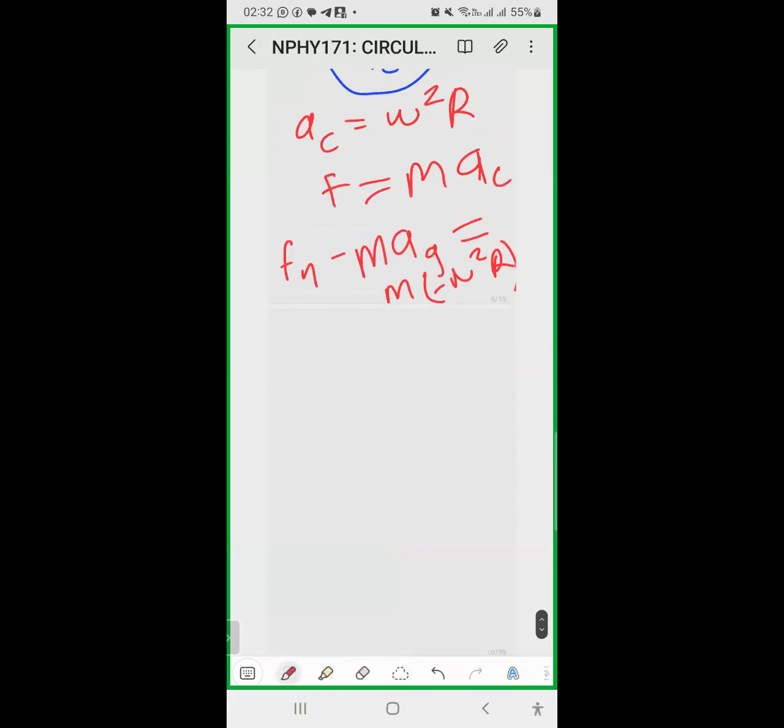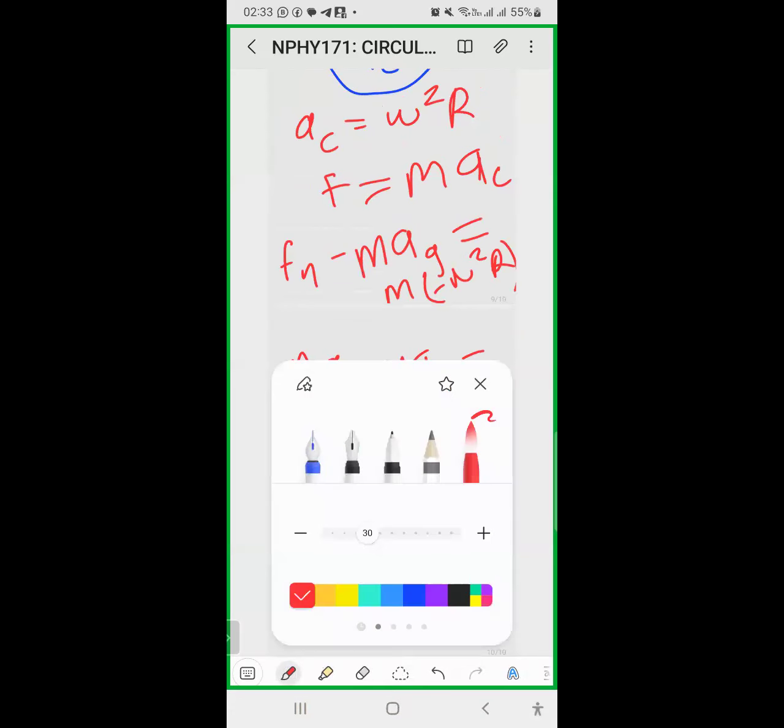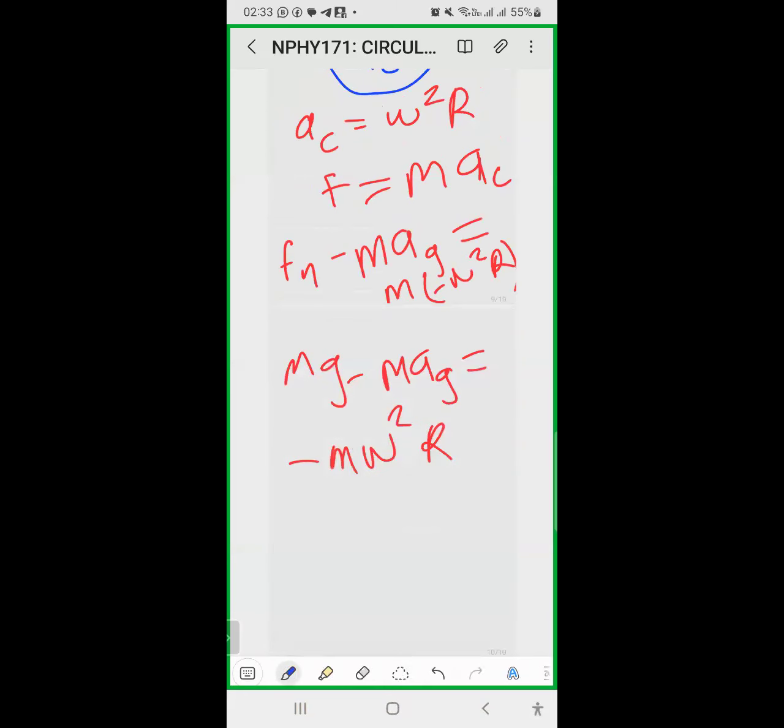From here, we have the normal force, which is equal to the weight, that is just mg, right? So we're going to have mg minus m times the gravitational acceleration equals minus m omega squared r. Then we can divide everything by m.